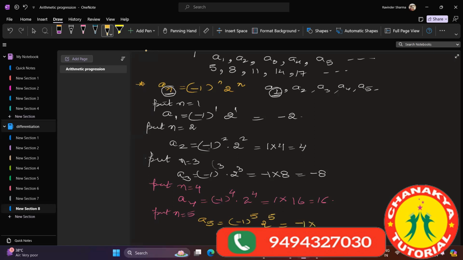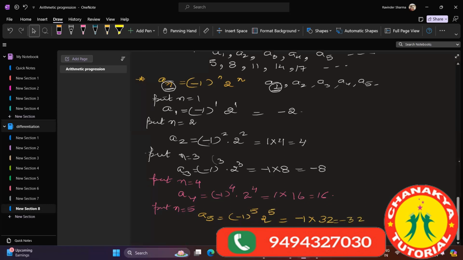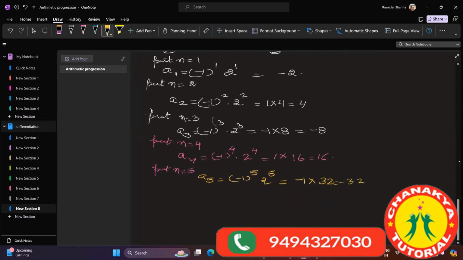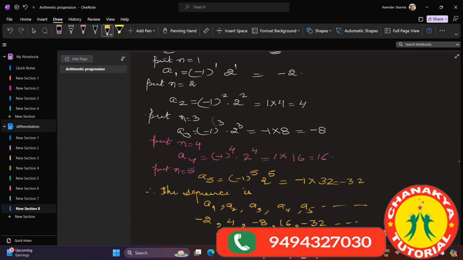Then 2 raised to the power 5 is 32. So it will be minus 32, right? Yes, ma'am. So at the end, you will write your answer as, therefore, the sequence is A1, A2, A3, A4, A5 and so on. So just write the values: A1 is minus 2, A2 is 4, A3 is minus 8, A4 is 16, and A5 is minus 32. This is the answer. Understood, children? Yes, ma'am.